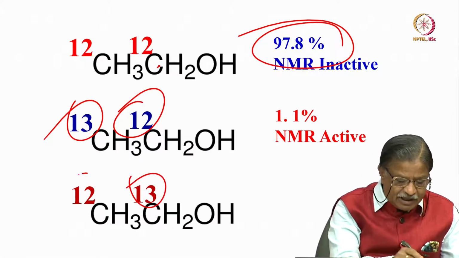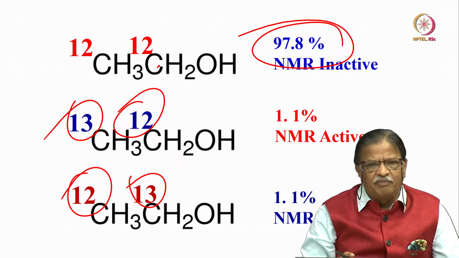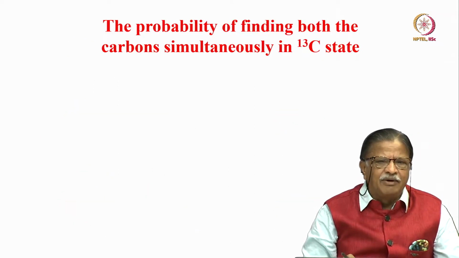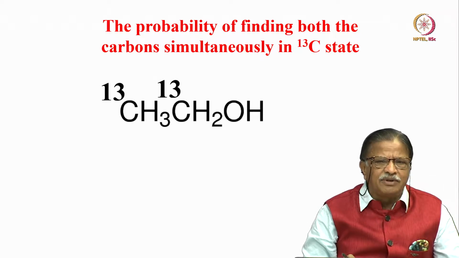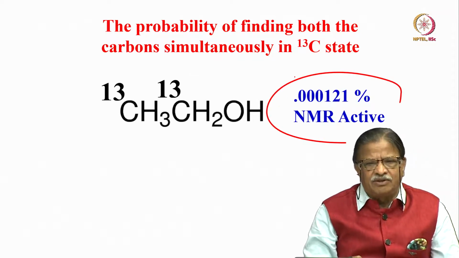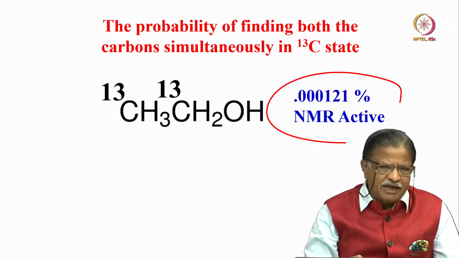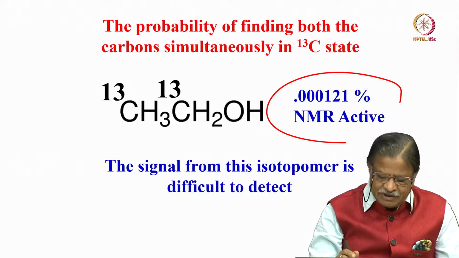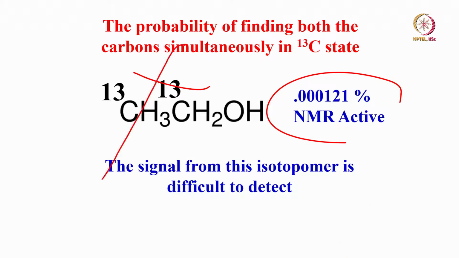Carbon 13 here, carbon 12 there, 1.1% NMR active. And now the probability of finding both in carbon 13 state is 0.00012 percent, which is NMR active. So the signal from this isotopomer I am not detecting at all. Remember, this signal is not coming. This molecule I can ignore. This isotopomer I can ignore.